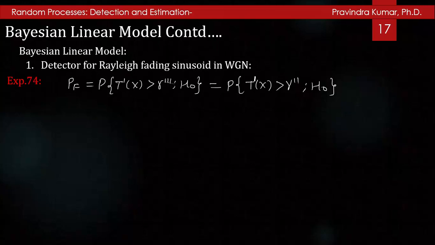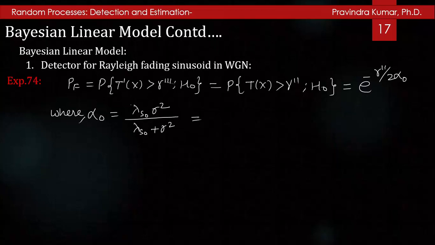This will be equal to e to the power minus gamma double dash by 2 alpha naught, where alpha naught is lambda s naught sigma square by lambda s naught plus sigma square, and it is equal to N sigma s square by 2 divided by N sigma s square by 2 plus sigma square. So here it can be written as C sigma square by 2, and C is N sigma s square by N sigma s square plus sigma square.